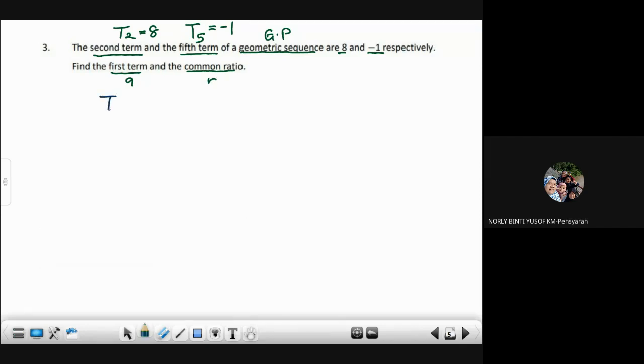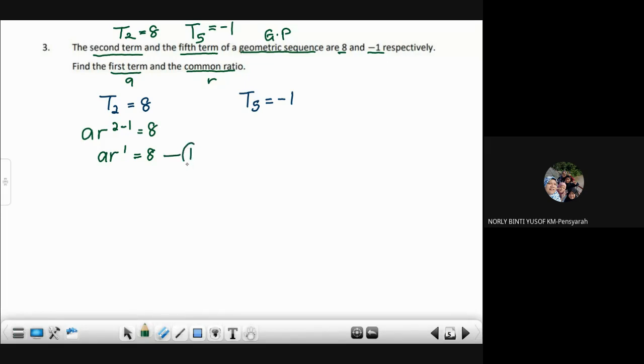So we write T2 is 8, T5 is -1, the information. Then we use the same formula, ar^(n-1). So for 2 minus 1, equals 8. You simplify, you get ar, since 2 minus 1 is 1. You can write it or not, because R power of 1 equals R. AR is the same as AR power of 1.